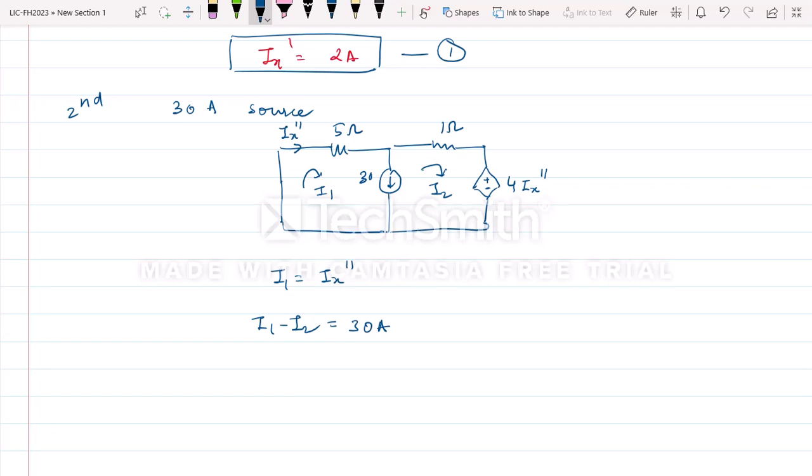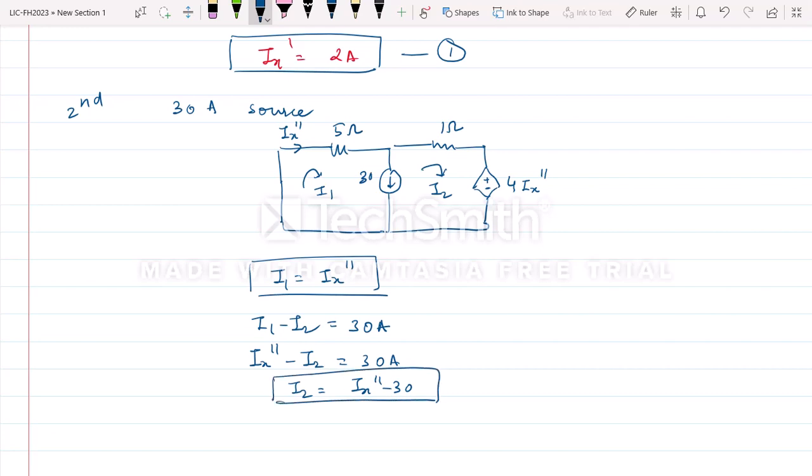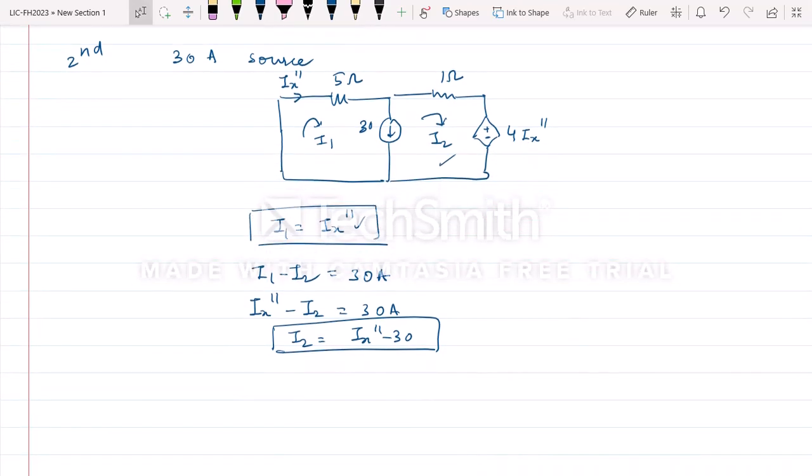So Ix double dash minus I2 is 30, and I2 is Ix double dash minus 30 ampere. That means the current in the first loop is Ix double dash and the current in the second loop is Ix double dash minus 30.